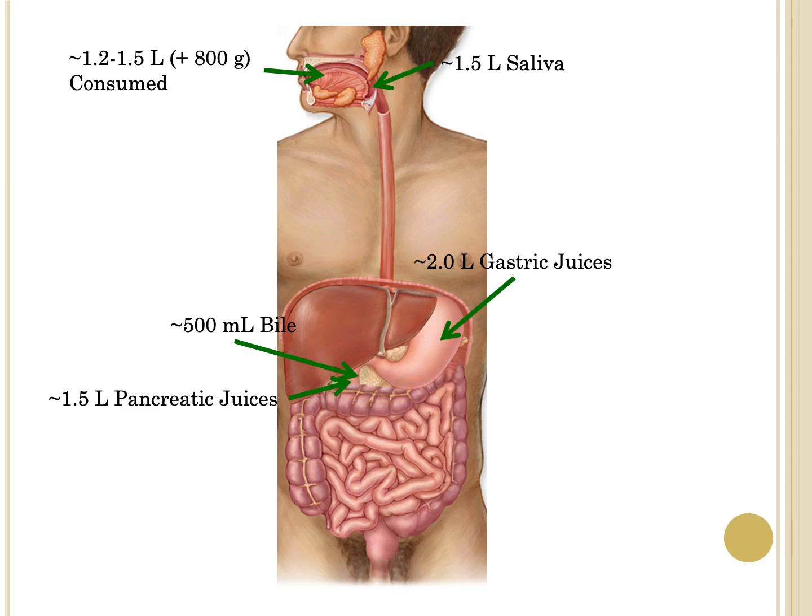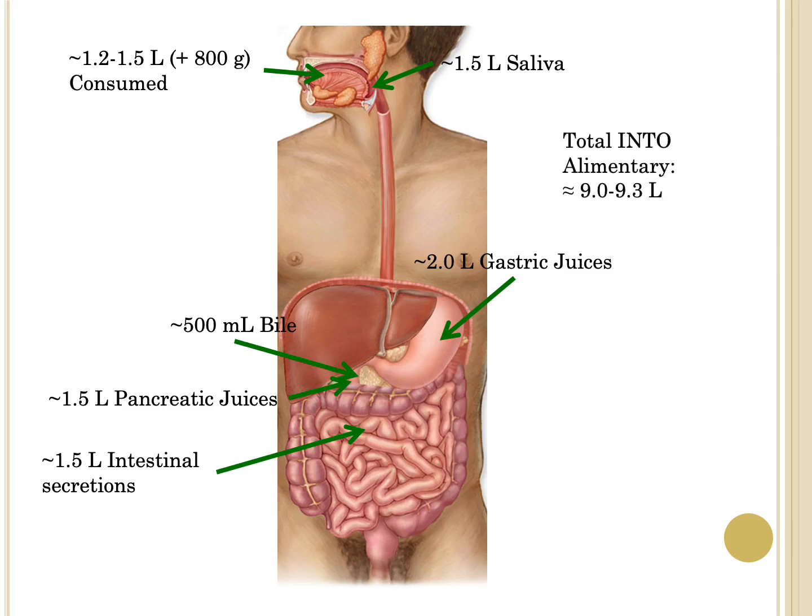We're going to get another about 1.5 liters of materials coming in from the intestines through digestive enzymes or mucus being secreted along the brush border of the villi and microvilli, which gives us a total of around 9 liters of material coming in.